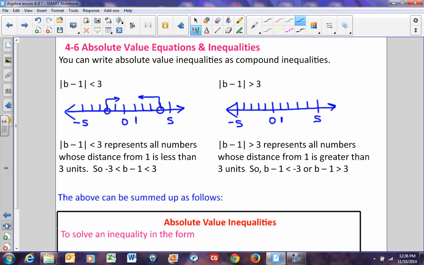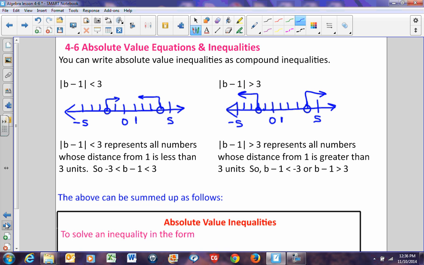Here's 1 again. So b minus 1 is going to be greater than 3 units. So greater than 3 units, 1, 2, 3 units this way, or 1, 2, 3 units going that way. So it becomes an or statement, doesn't it? So b minus 1 is less than negative 3, or b minus 1 is greater than 3, because that proves it is 3 units or more away.